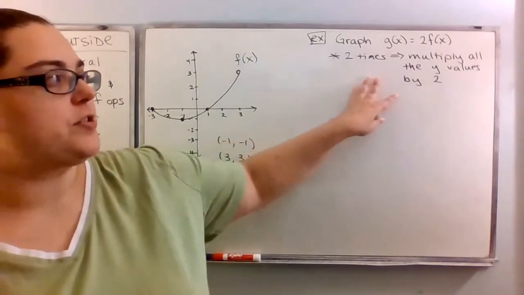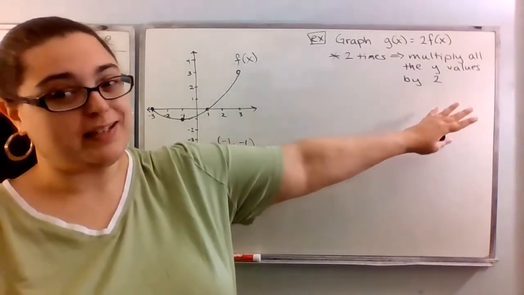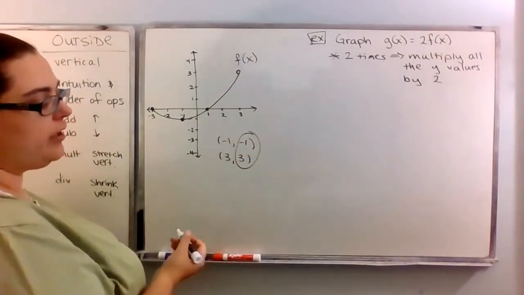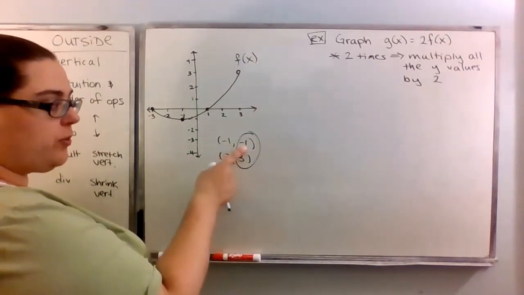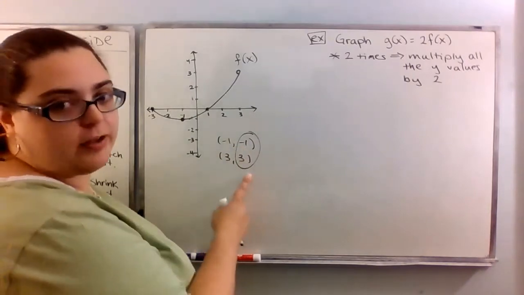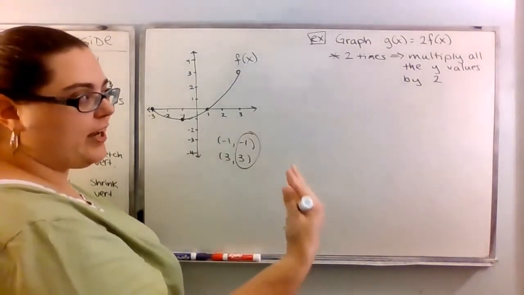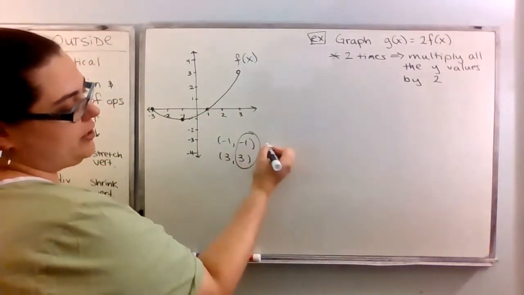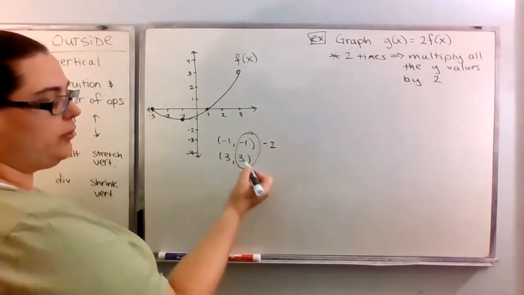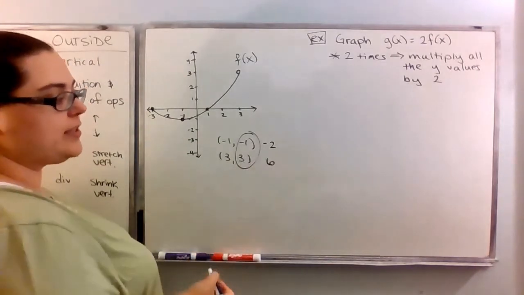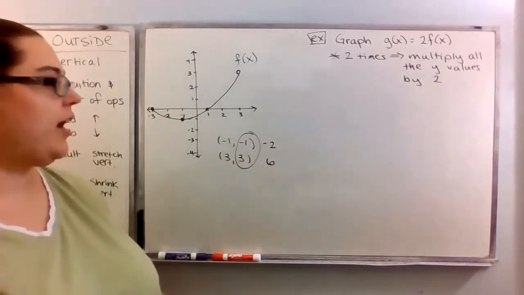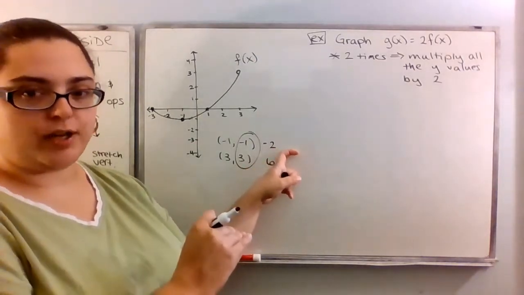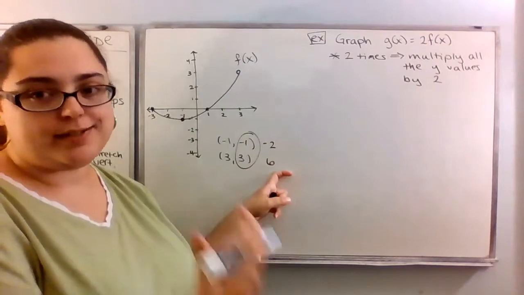In order to graph this, we're going to have to multiply all y values by 2, which means if I multiply the lowest y value by 2 and the highest y value by 2, that'll give me a good idea of the space I need to graph. So multiplying that by 2, I get -2, and multiplying 3 by 2, I get 6. So when I go to create my graphing space, I want to make sure that the vertical axis goes at least down to -2 and at least up to 6.